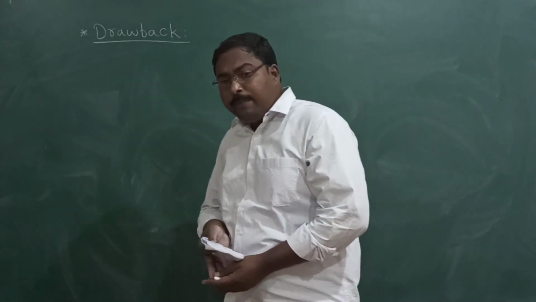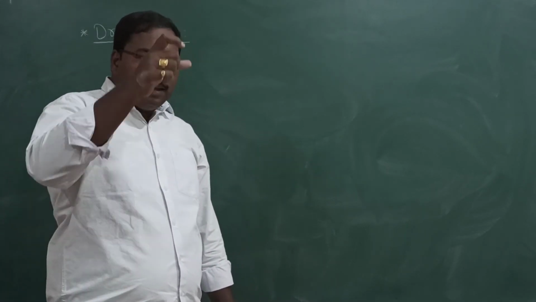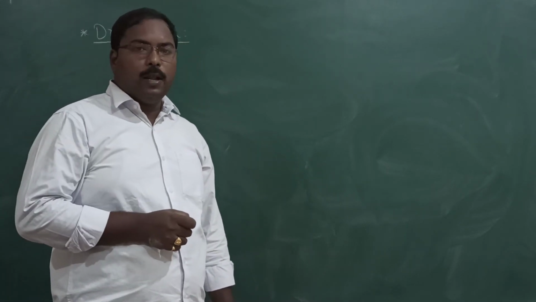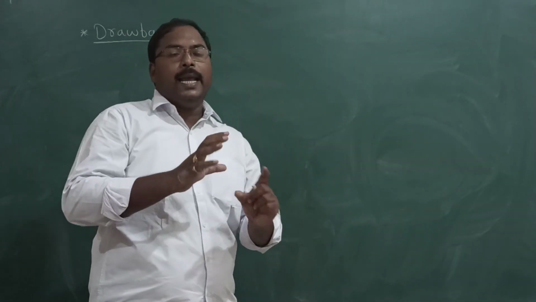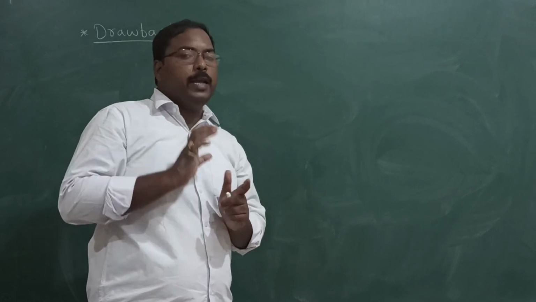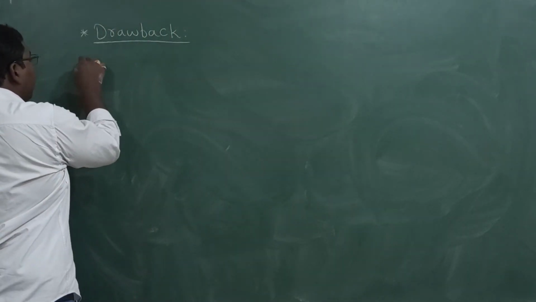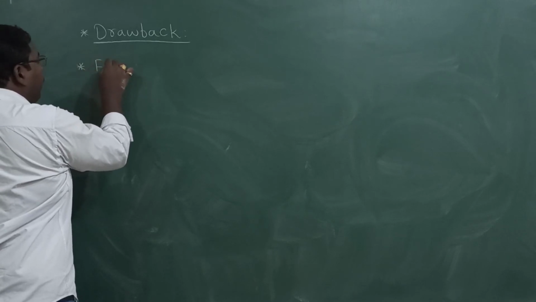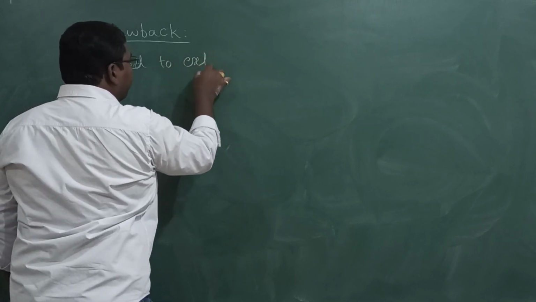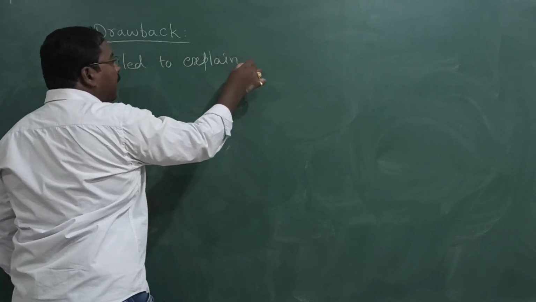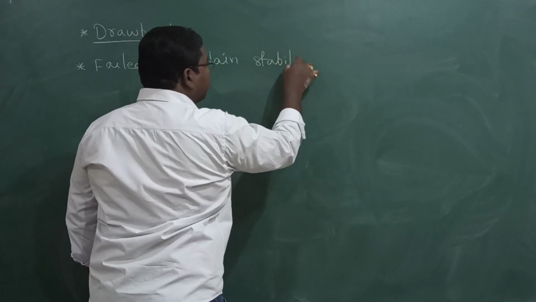In the examination, they ask many times, what is the main drawback of Rutherford's model? Because it is one of the successful models. Using an experiment, he explained the structure of the atom, which is very good. Then what is the drawback? The main drawback is he failed to explain the stability of the atom.